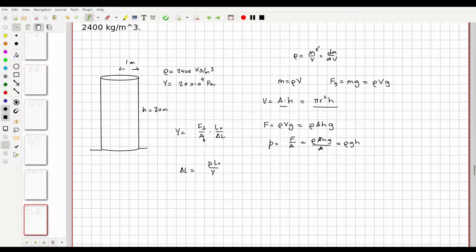I'm going to write out the pressure here. And I'm going to note the fact, whoops, not delta L. What am I doing? And I want to point out the fact that L naught here is just H. That's all that is. That's just H.